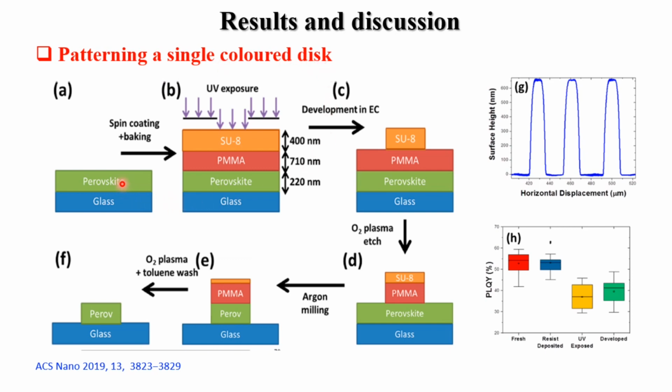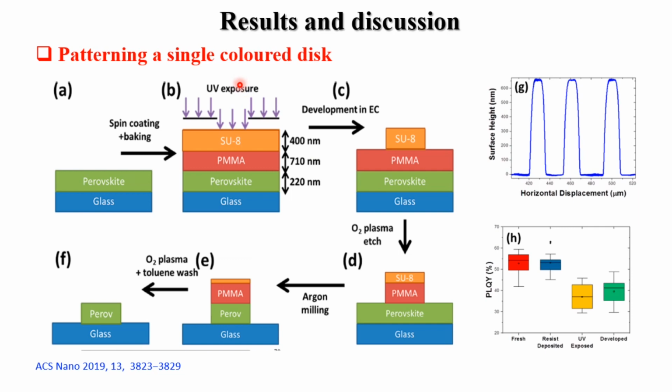Next, they patterned single color discs. Here they use one perovskite, methylammonium lead bromide, which gives the green color. First they spin coat this material on the glass substrate. After that they spin coat a PMMA layer of 710 nanometer, and after that an SU8 photoresist of 400 nanometer.